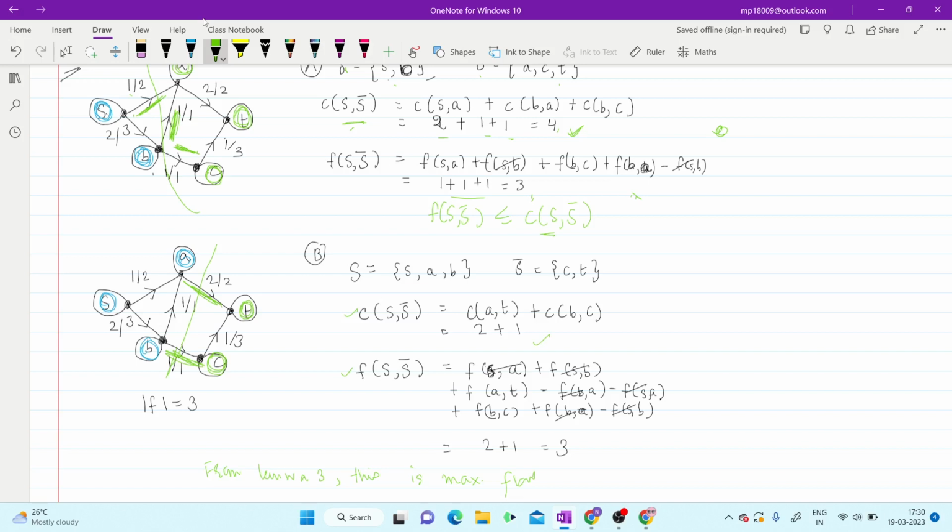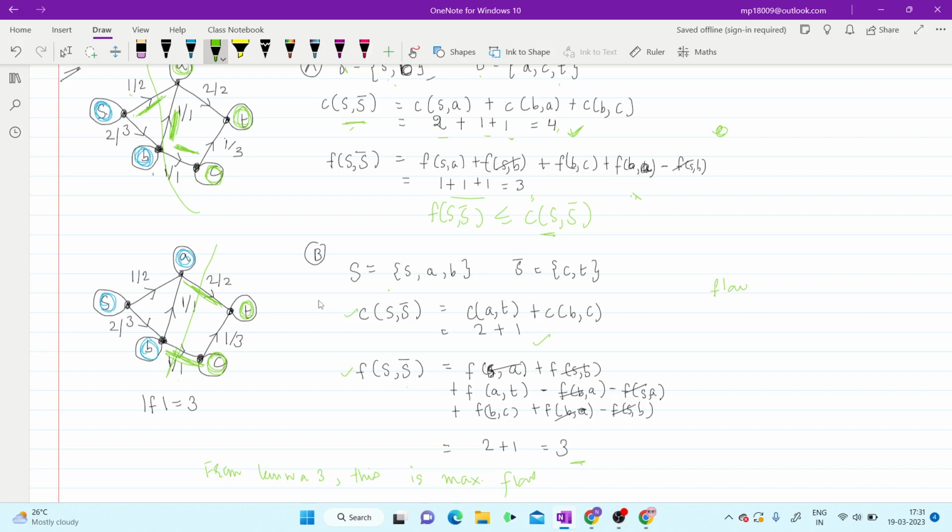So the capacity is 3 and the flow is also 3. So we see the flow is coming out to be the capacity. Since the flow of this cut is coming out to be the capacity of the cut, from lemma 3 we can conclude that the flow value of 3 is maximum, and this cut S, S bar is the minimum cut.